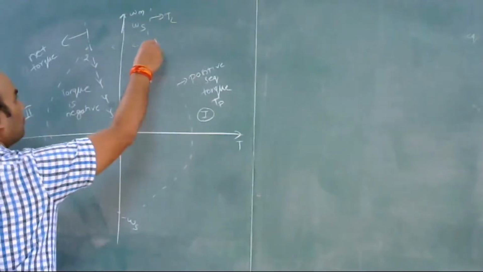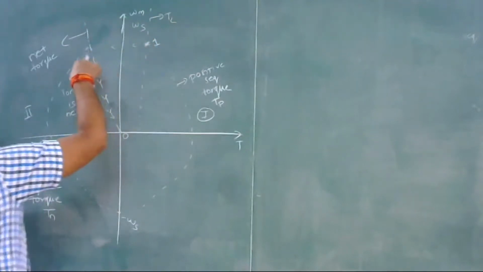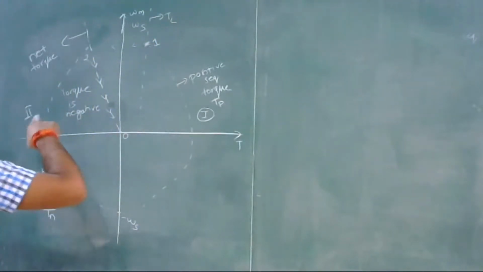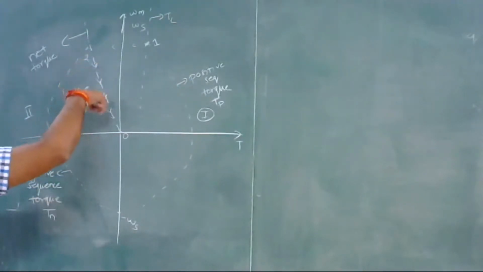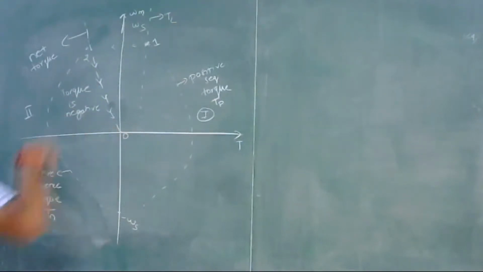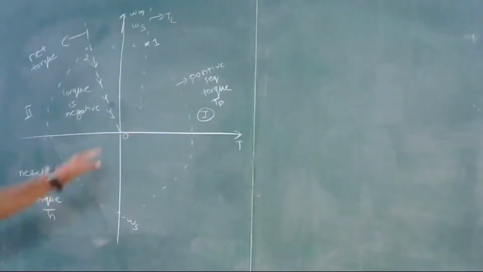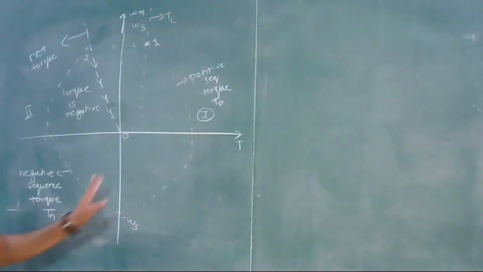Let's suppose point 1 is the operating point and it shifts to the new operating point 2, and here the torque is negative in this region, so the motor will decelerate and come to 0. At the origin the torque is also equal to 0, and it will not go further into the reverse motoring mode.